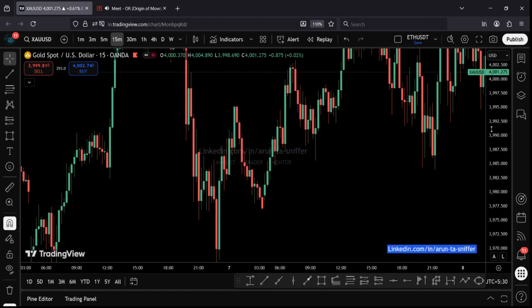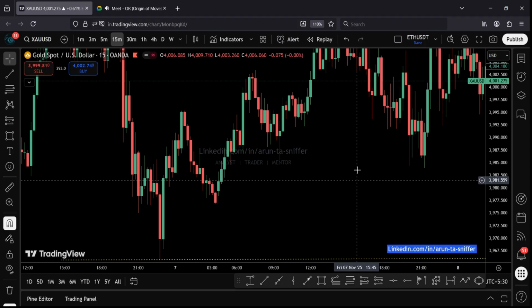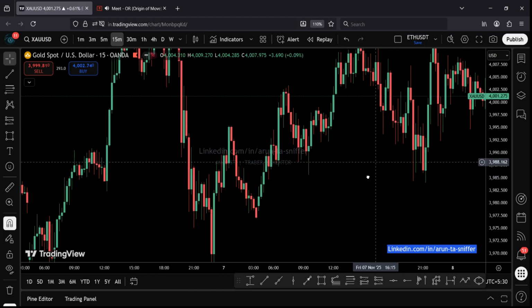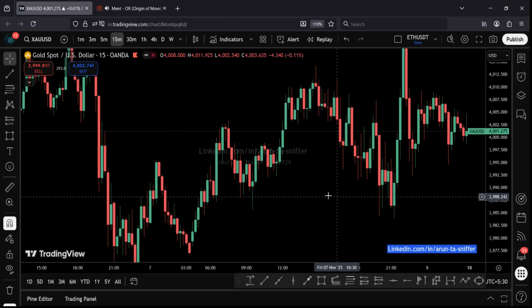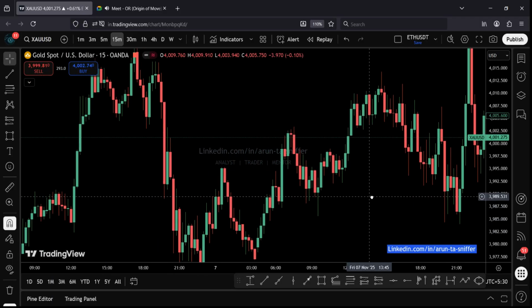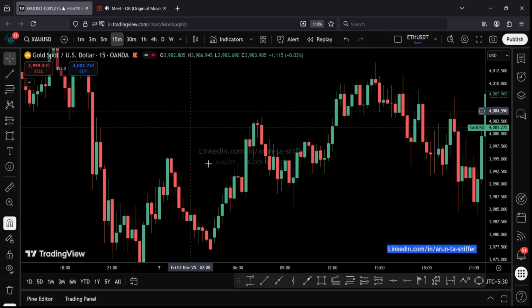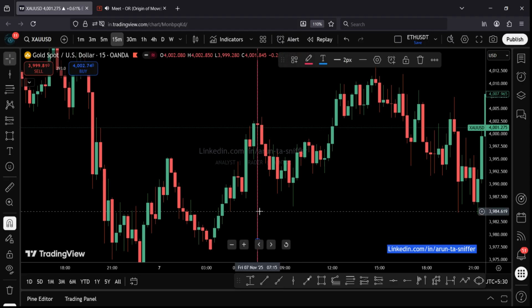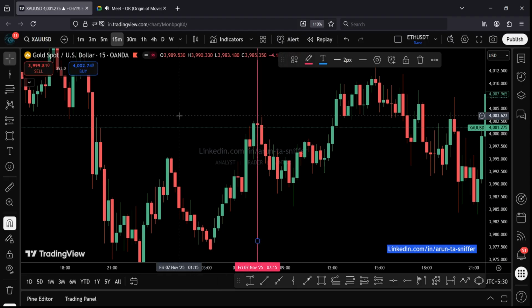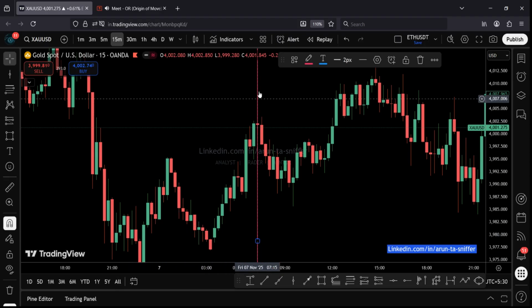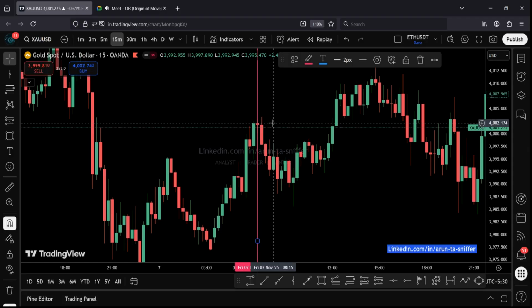Let's show clear examples so you can understand clearly and don't get confused. An ignored QM becomes when price is going in one direction like this, goes up, came down, goes up, came down. In this case the QM basically fails and an ignored QM level is created.